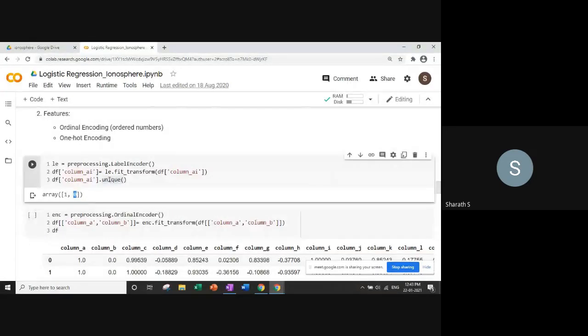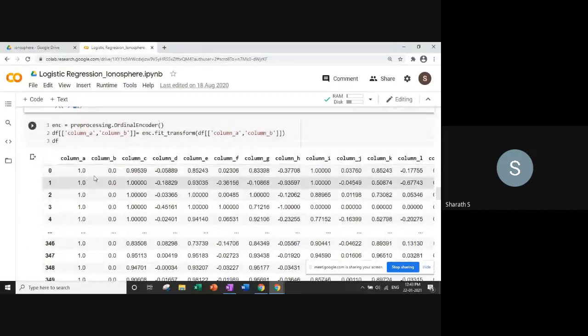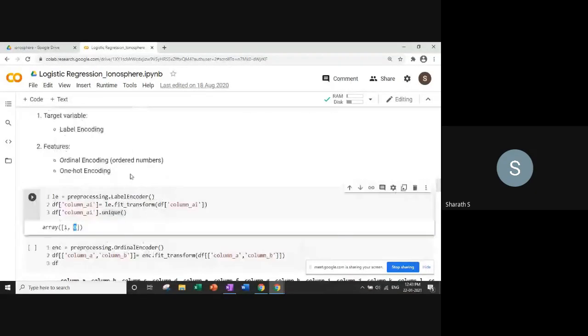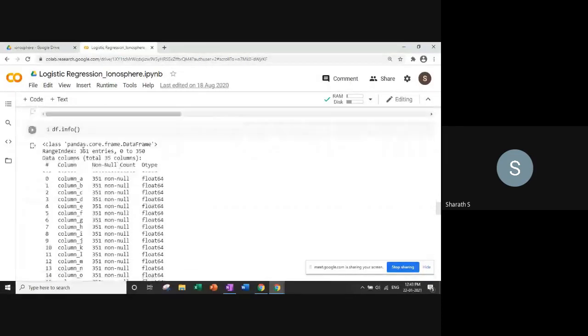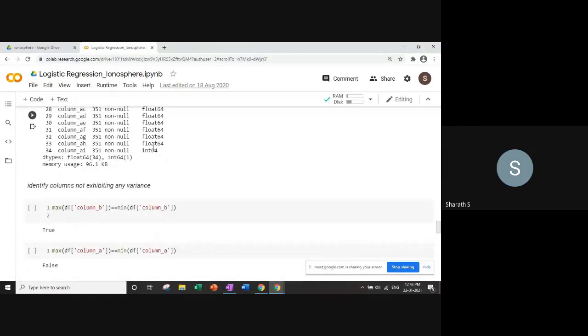Once you have done the fit transform, even with ordinal encoding, you can see that whatever was true and false has been converted into 0 and 1. Now if you ask for the data frame info, you see that instead of bool, everything is a floating point, and the final one is an integer.